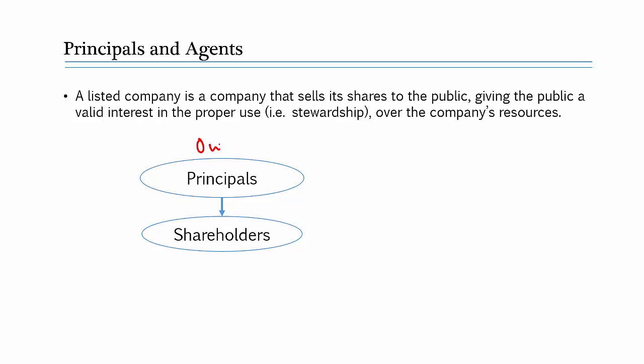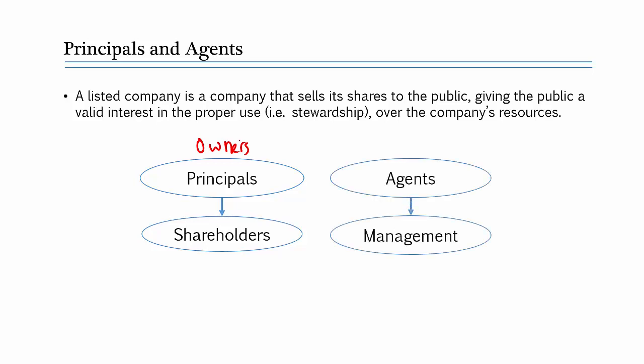These principals are the owners; they own the company. At the other end, there's another group of people whom we call the agents. These agents are the management of the company, so we call them the managers. They run the company on a day-to-day basis.